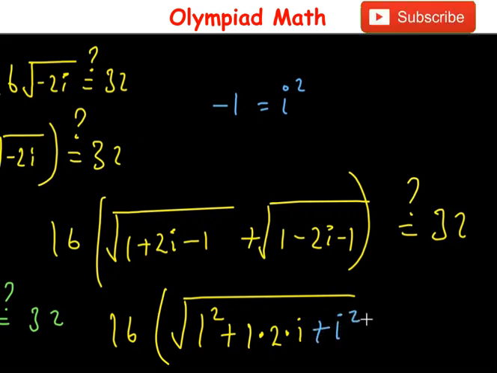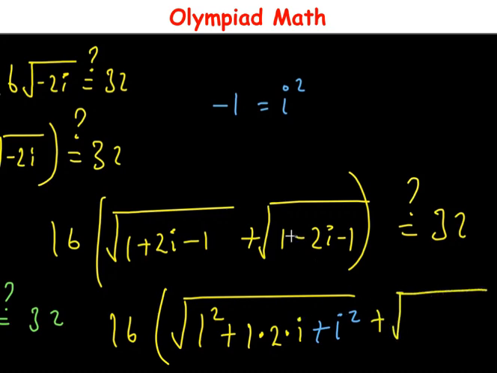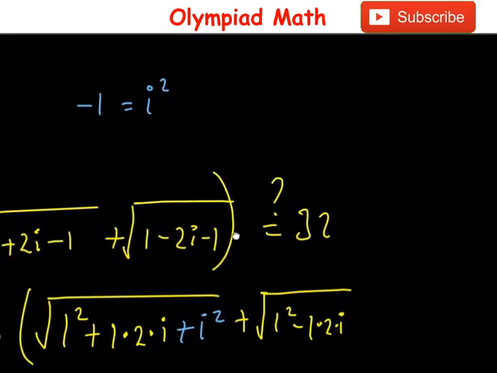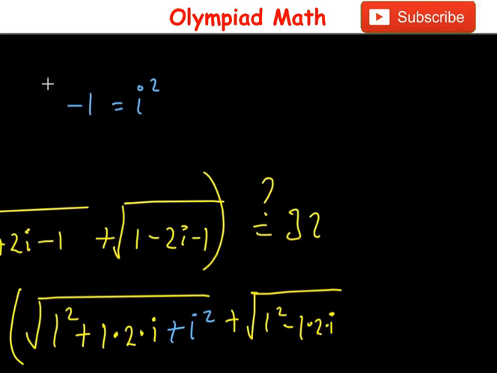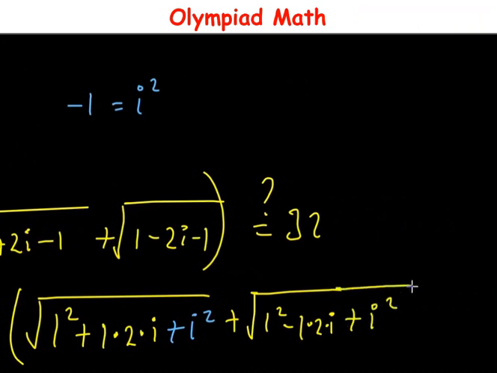Then we have plus square root of 1 squared, then minus 2i can be written as minus 1 times 2 times i. Also we can write minus 1 as i squared, so plus i squared, and this equals 32.